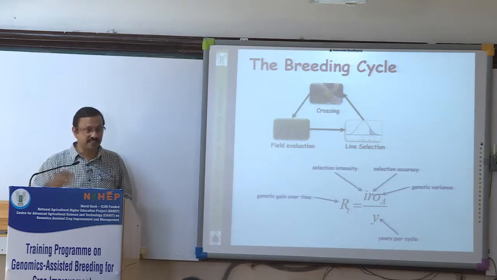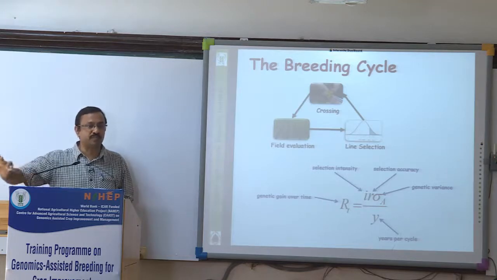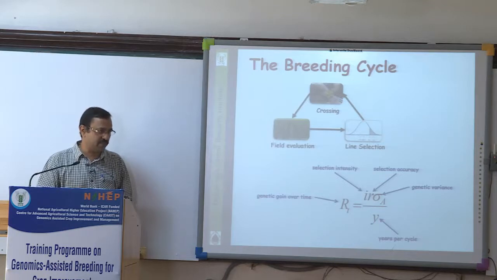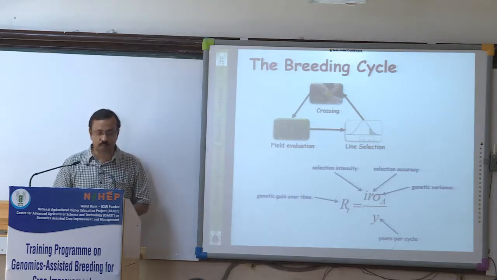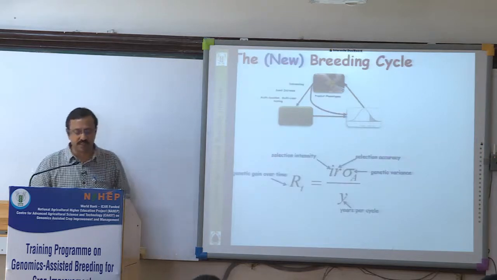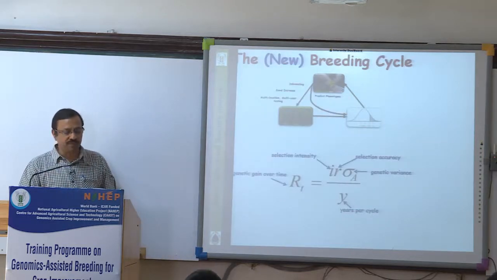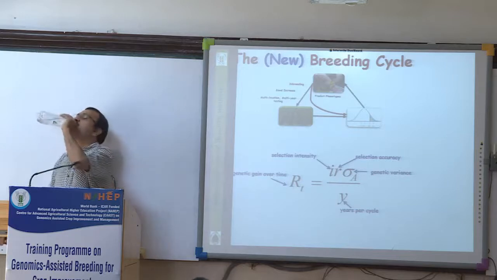What is the variance? Meaning additive, what we are looking at is removing the G into E component using various stability models, isn't it? And then what are the years per cycle that you are going to do? So this is genetic gain over time, or the breeding value, and what we are trying to replace this with is genomic breeding value. Excuse me.